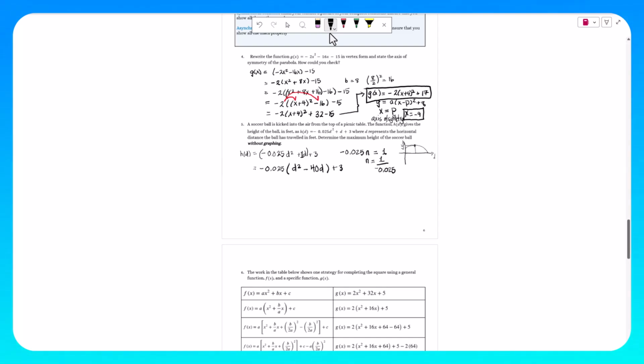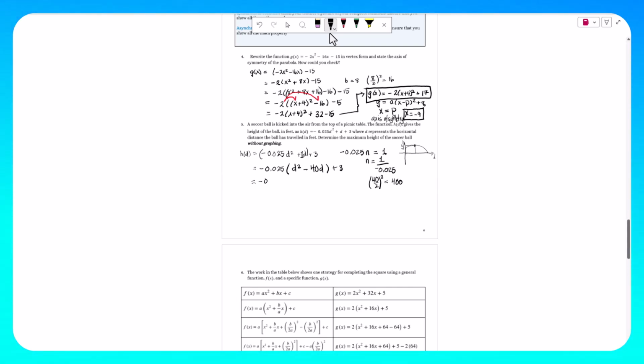Now we need to get our b over 2 squared number to add and subtract. Our number is 40 over 2. Now 40 divided by 2 is 20, and squaring that, we get 400.